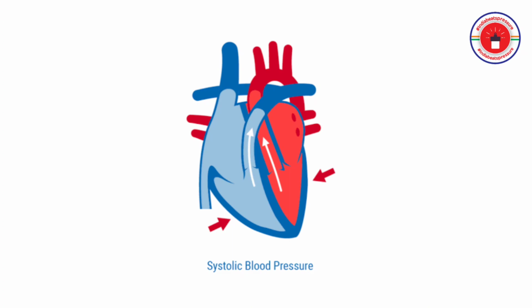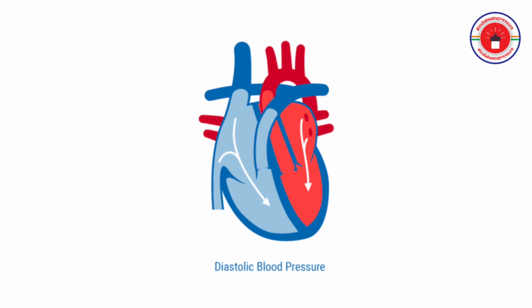So what are these exact readings? There are two types of readings which we usually take: the systolic reading, or the upper one, and the diastolic reading, or the lower one. Once the heart pumps, we take the upper reading, the systolic blood pressure.